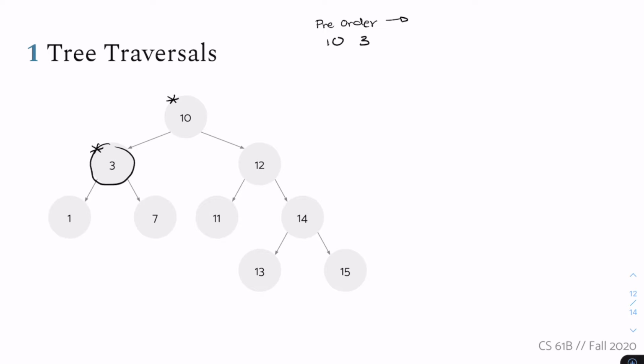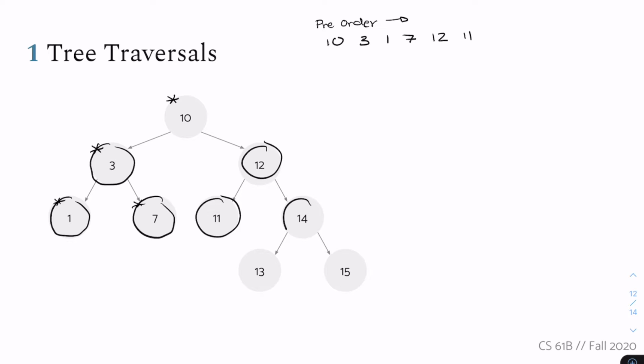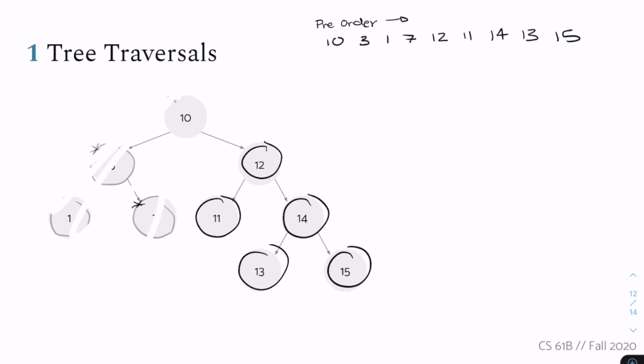So we have 3, and then we go to 1, visit it straight away, 7, straight away, and then we do the same for this tree. So then we'll get 12, go down here, 11, here, 14, 13, and 15.